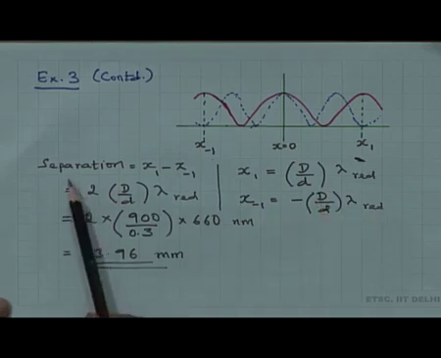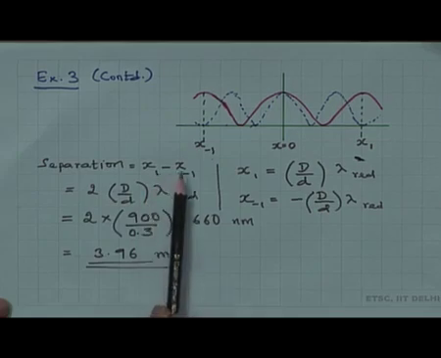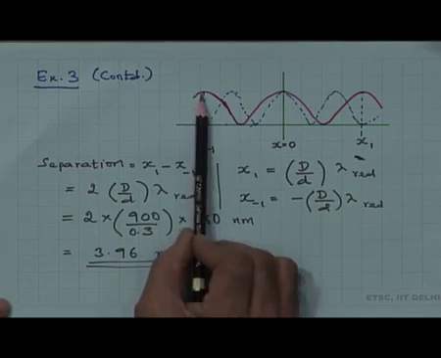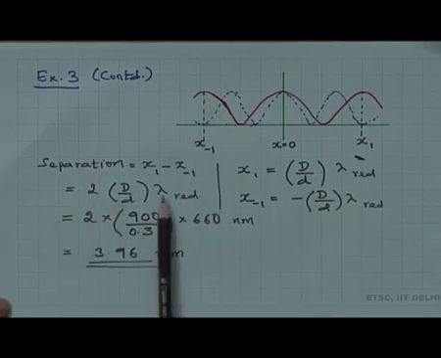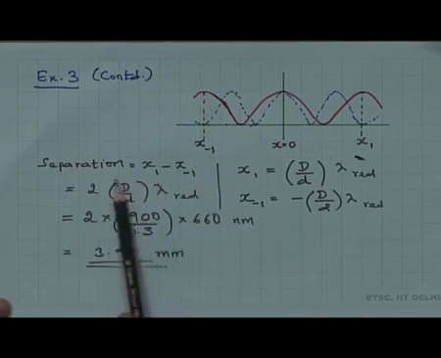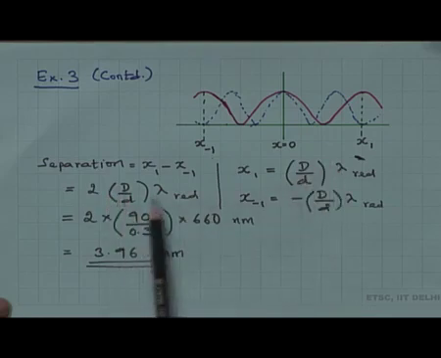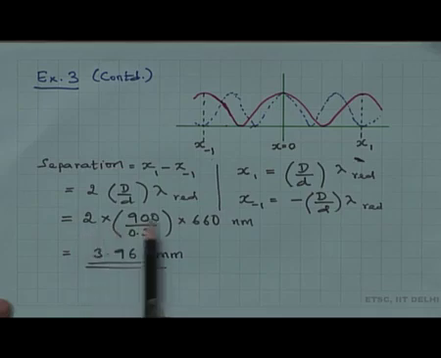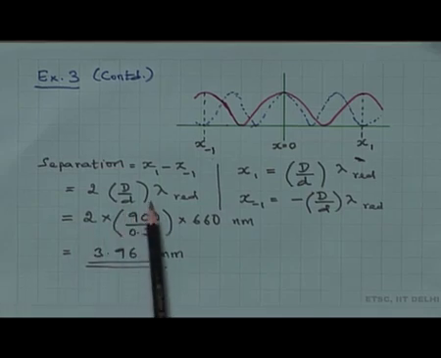The separation, x1 minus x of minus 1 order, that is this side, will give you 2 times x1, that is 2 D by d into lambda red, and if we substitute the numbers, 2 into 90 centimeters.